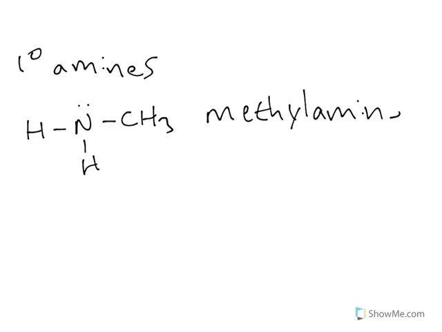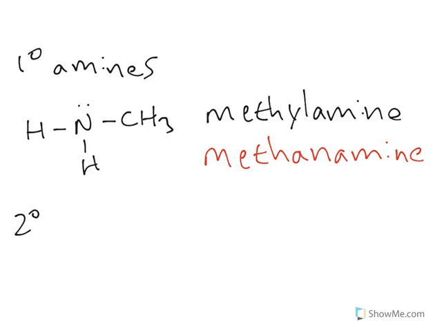And that's its common name, and that's what almost everybody would call it. It does have a systematic name, which I'll write below here in red. It would be called methanamine. So just need to be familiar with those two pronunciations, methylamine and methanamine. I rarely hear people call that methanamine. We typically use the common naming system.